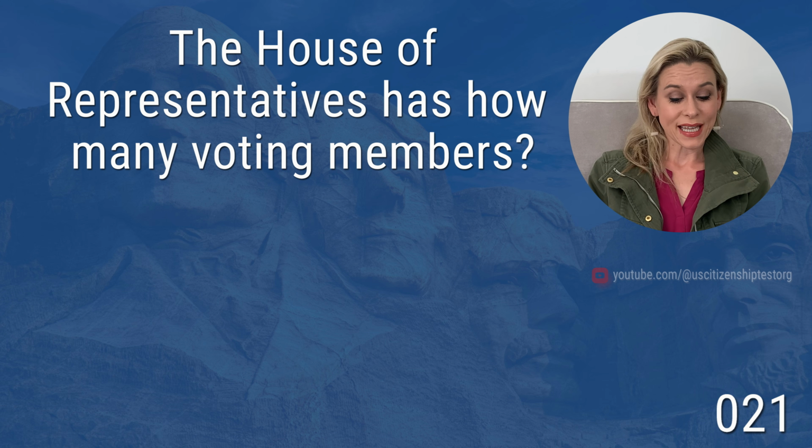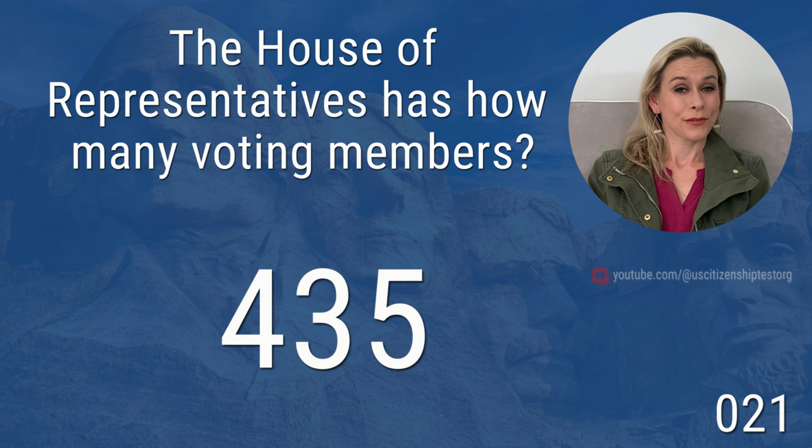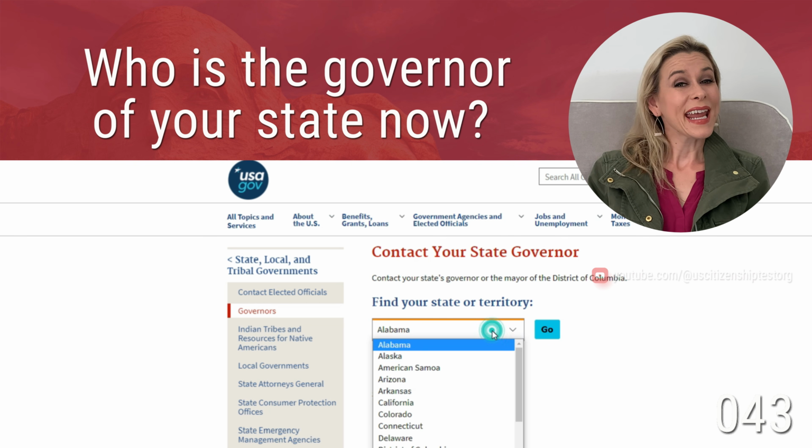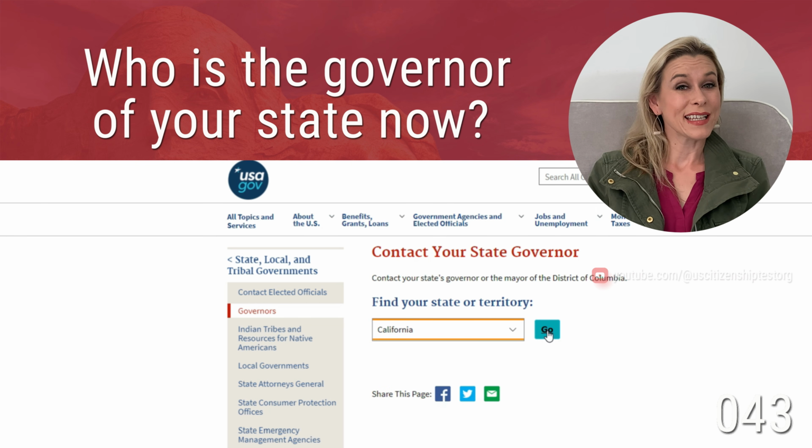The House of Representatives has how many voting members? 435. Who is the governor of your state now? The answer will vary, so check the link in our description.